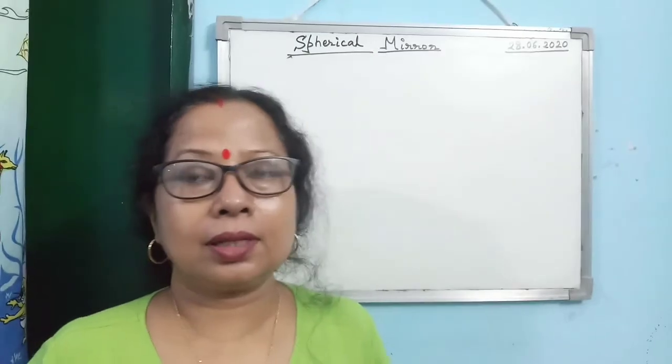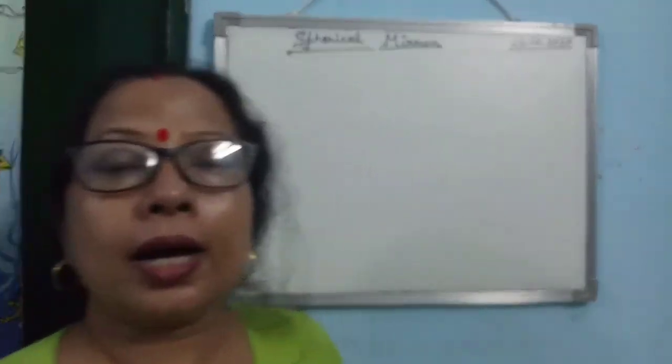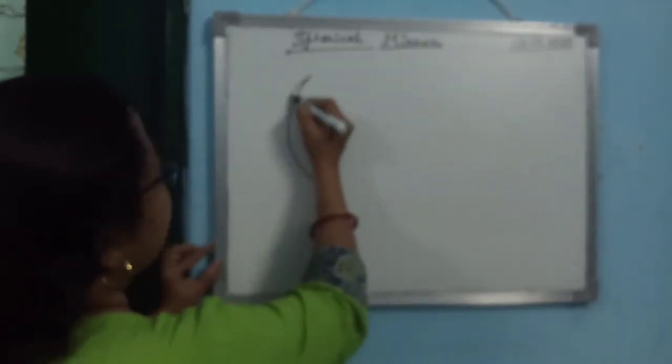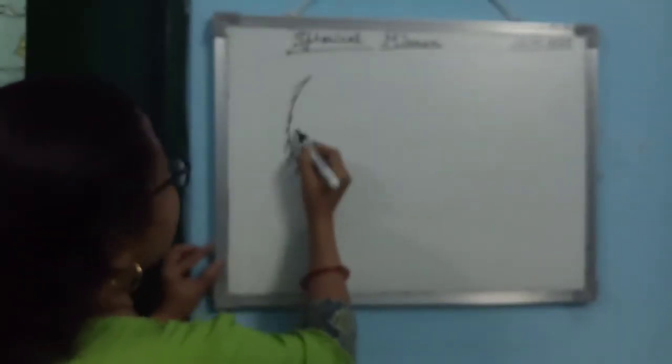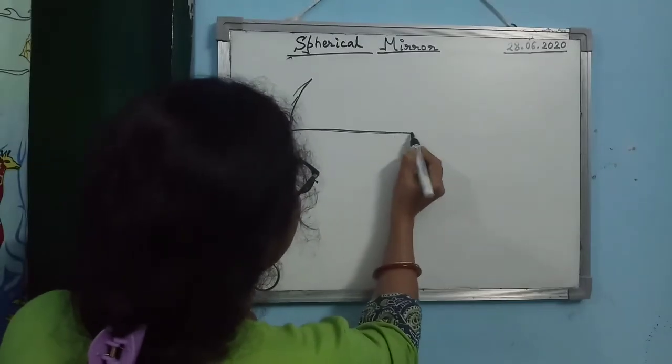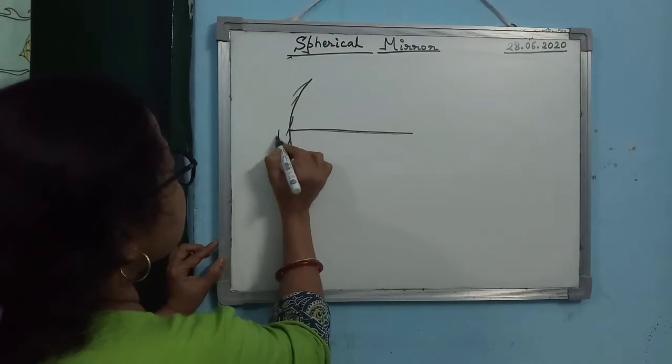Now next is how the reflection takes place in a concave or convex mirror. So suppose you have taken one concave mirror. Alright, so as I said, I am drawing the diagram like this, but you must follow the instruction. What is the instruction I have given?